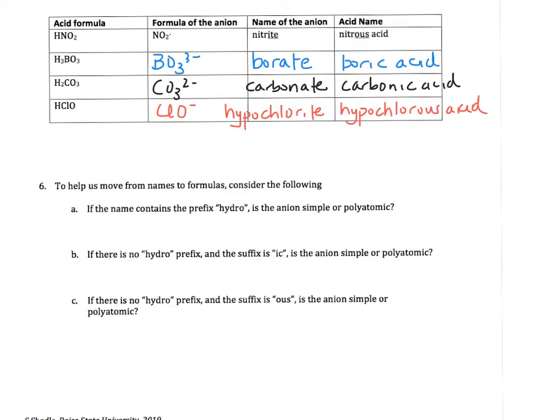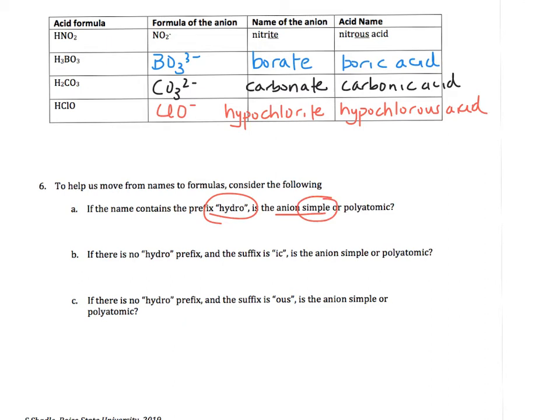Now before we move from names to formulas, let's think about a couple of things. If the name contains the prefix hydro, what do we know about the anion? Well, that means we go to the naming rules on the previous page. So that means that the anion is going to be simple.